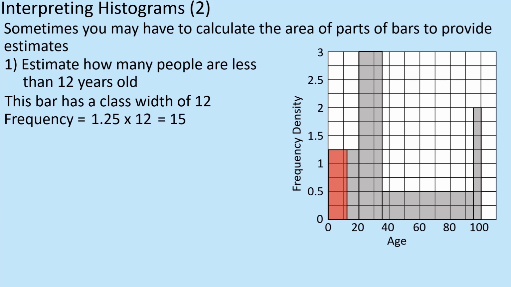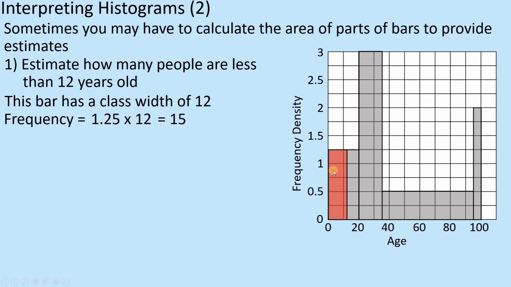Now again, it is an estimate. We don't actually know for certain, because we know that between 0 and 12 it is that range, that gap, but we don't know exactly that's the amount of numbers. So we don't know perfectly.